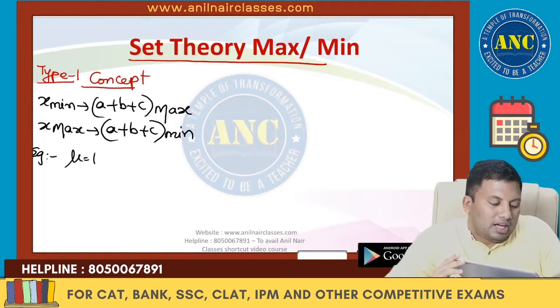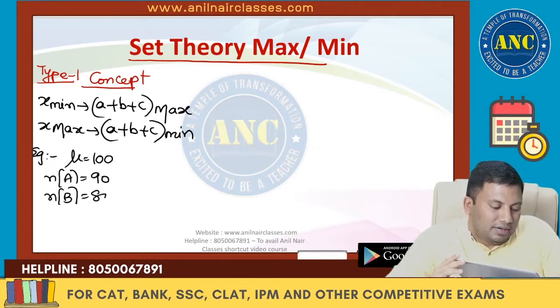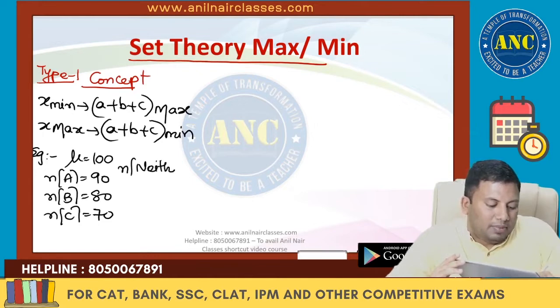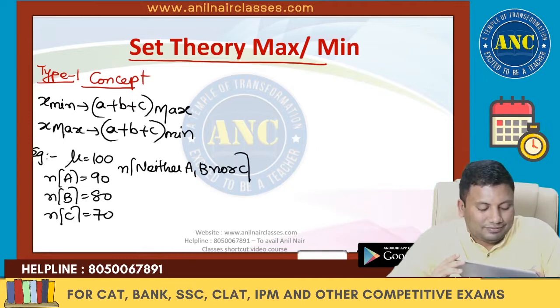mu is 100, n of a is 90, n of b is 80, n of c is 70. N of neither A, B nor C is 0.